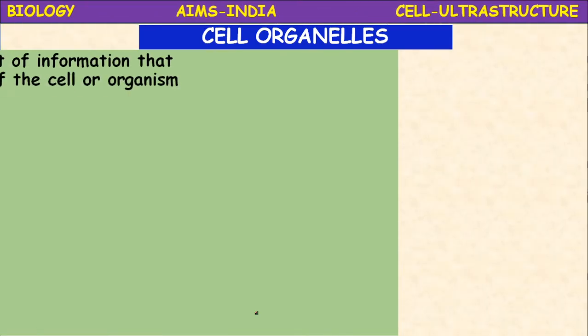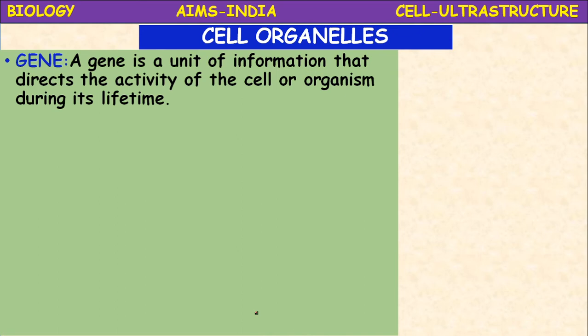Next, gene. A gene is the unit of information that directs the activity of a cell or organism during its lifetime. That's why genes play a very important role. They are the unit of heredity. The transmission of characters takes place from generation to generation, from parents to offspring.